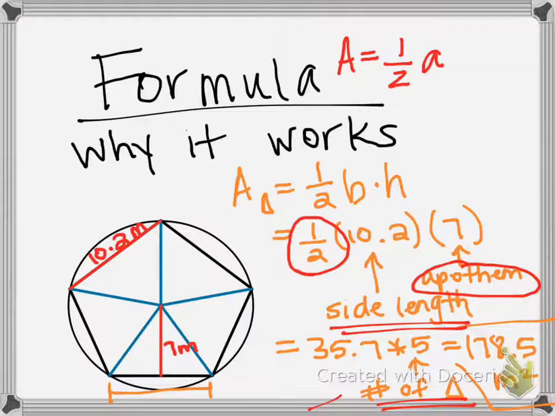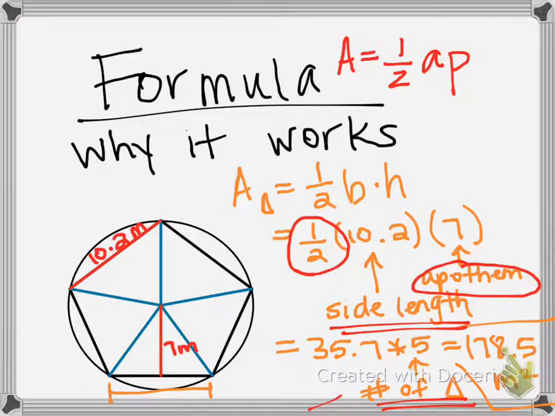So if you really think about it, if you take the base of one of those triangles, or side length, and multiply it by the number of triangles, or the number of sides, what you really just found was perimeter. So that's the reason that instead they just put P instead of telling you multiply it by side length times number of sides. It just made more sense to already write it as perimeter. So that's where the formula came from.